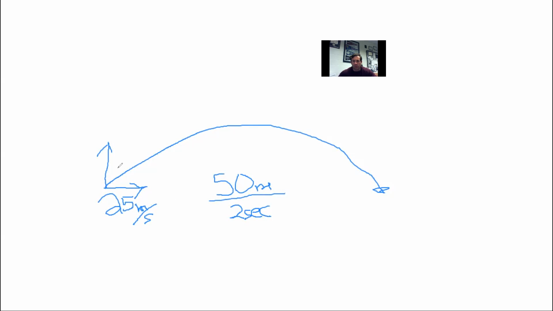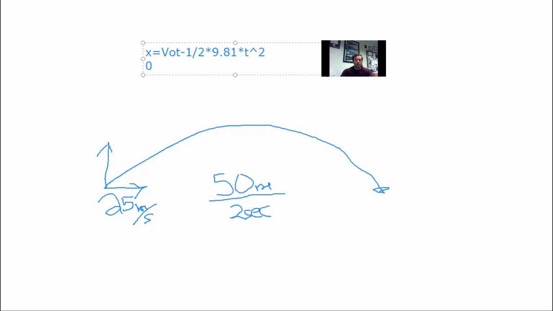It's the vertical that's going to be a little bit more interesting because for that, remember guys, our displacement equals our V sub O times T, and then in this case, it's going to be minus 1/2 of 9.81 times time squared.